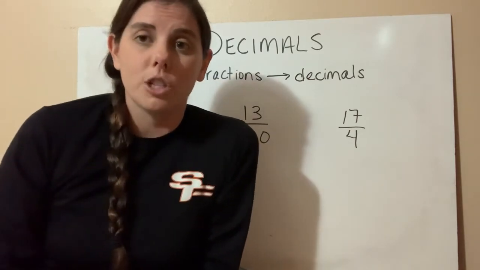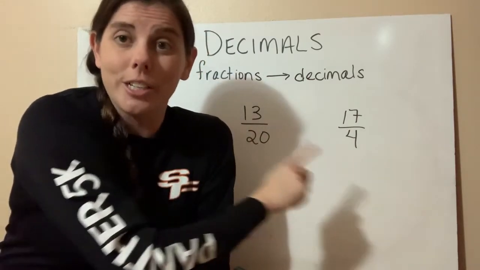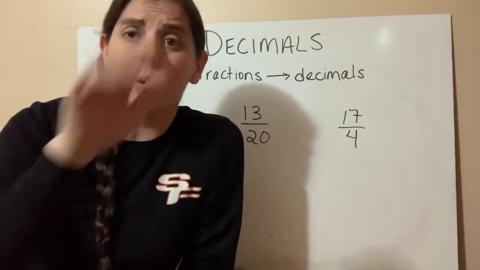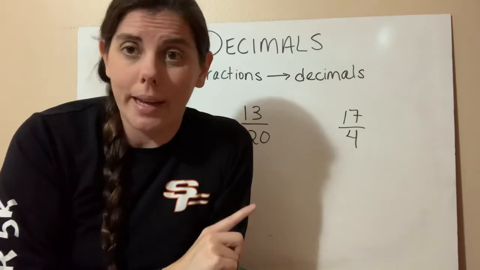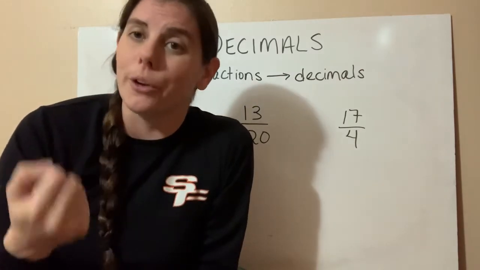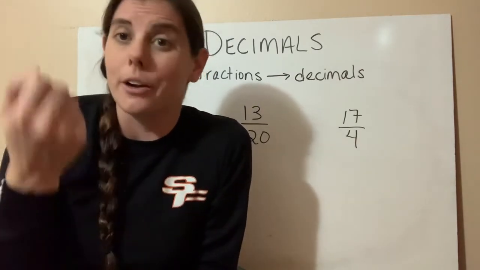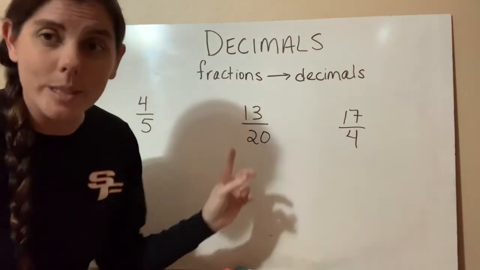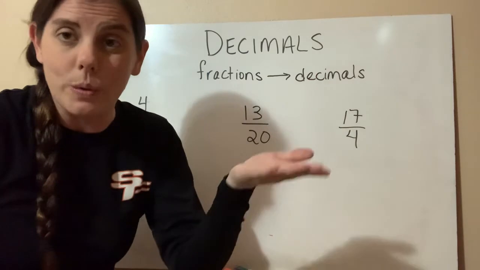But I also want to share with you that every fraction is a division problem. I know I've mentioned this before. In the real world, you're not going to be doing this by hand and by head. You're going to pull out your phone or your calculator. If you want to turn a fraction into a decimal, the easiest way is with your calculator.